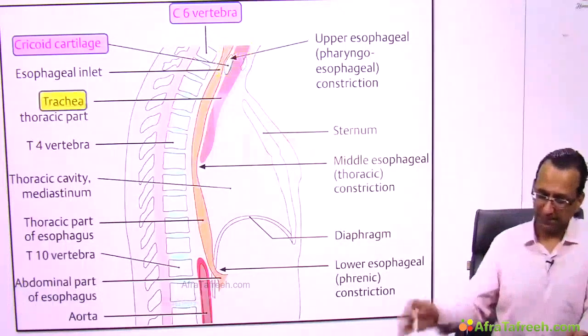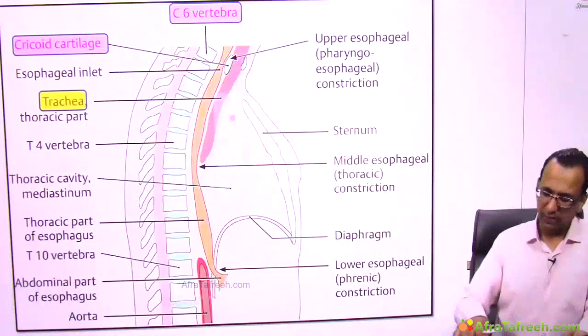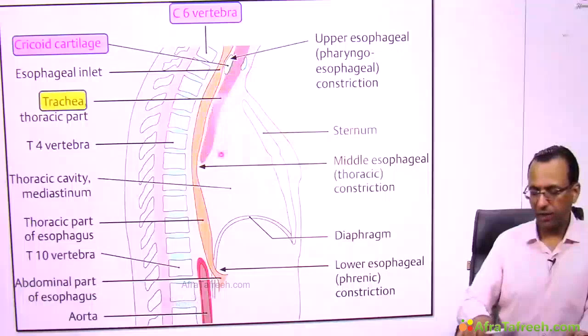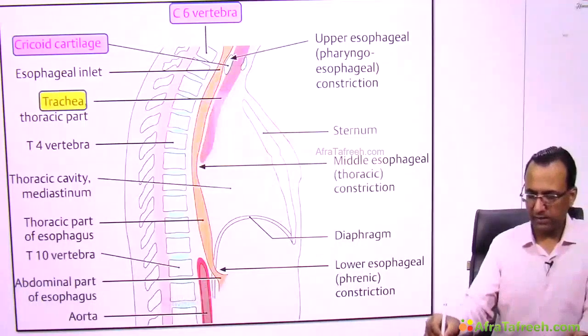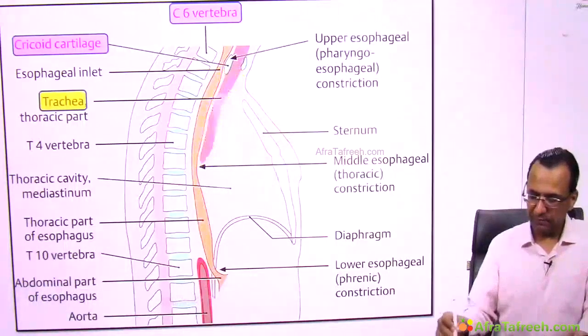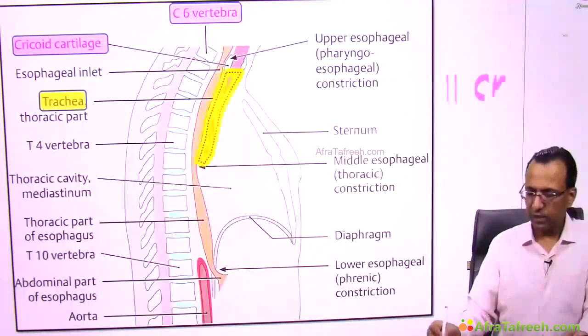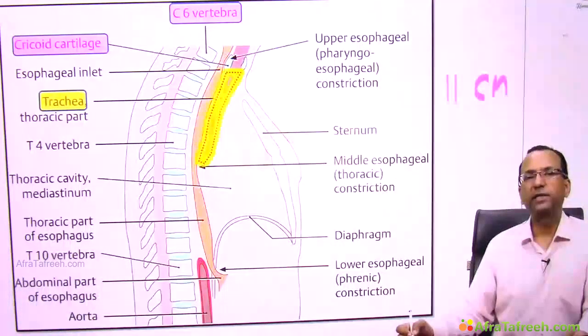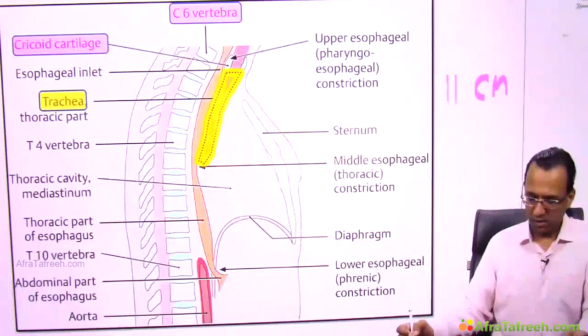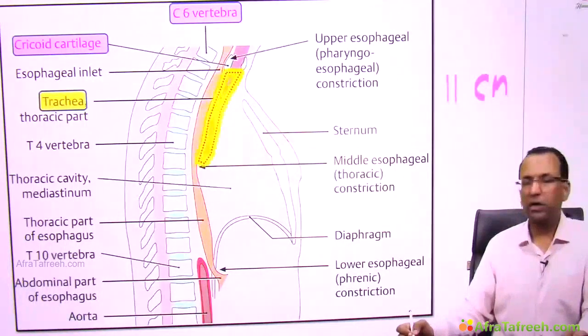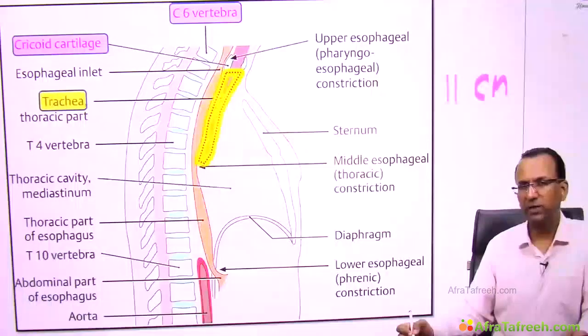Can you tell me one thing? What is the length of the trachea? The length of the trachea is approximately 11 centimeters. Where is it bifurcating? Tracheal bifurcation is a controversy. Fine, but where is it bifurcating?